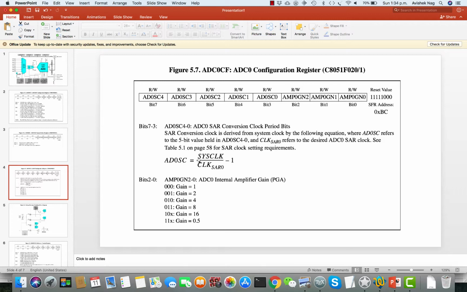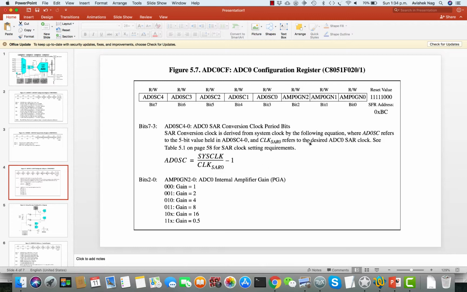This is your system clock, which is roughly 22.1 megahertz for your Silicon Lab ToolStick C8051F020 family. And then this is the clock that you need, let's say CLK-SAR0.